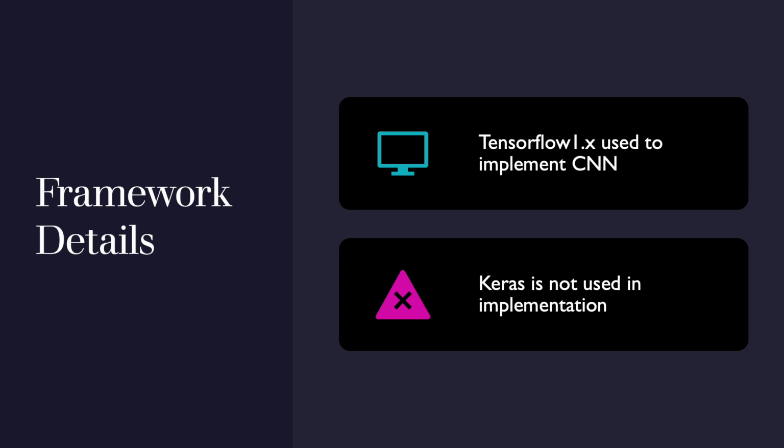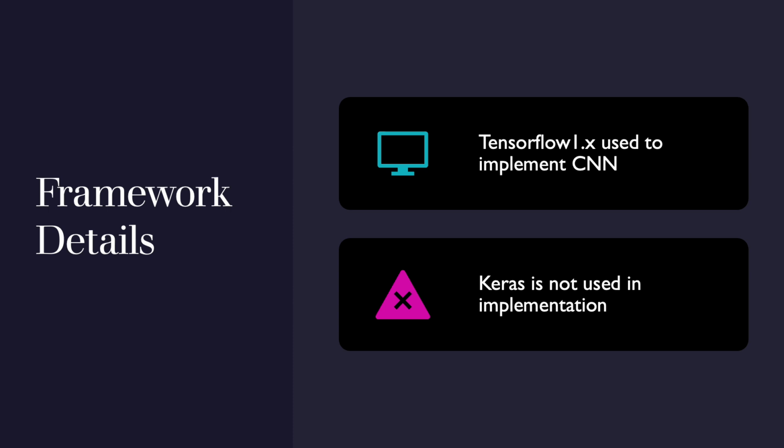An important note on our implementation: instead of using high-level APIs like Keras, we have implemented our model directly in TensorFlow. This approach gives us more control over the computational graph and training process. By using TensorFlow's core functionalities, we were able to customize our training loops, define precise layer operations, and better understand the inner workings of our CNN model.